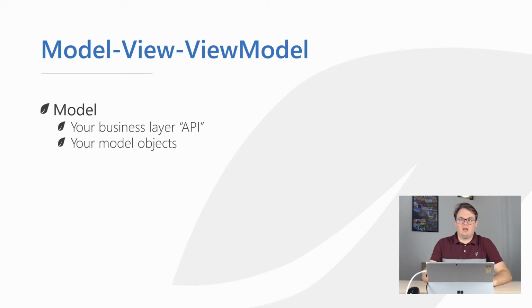So if you get information about a customer, it's also what fields are included with this object. So for me, the model is basically what the business layer gives me and what it accepts from me when I need to do something.